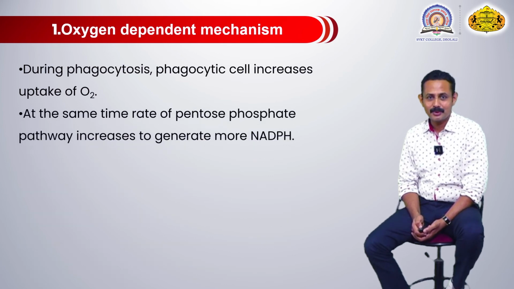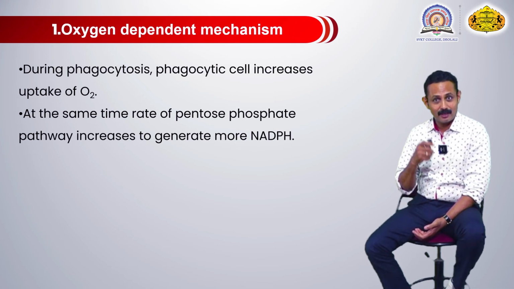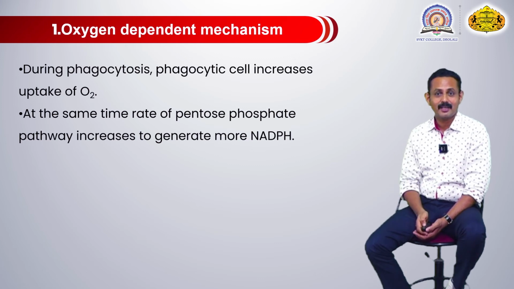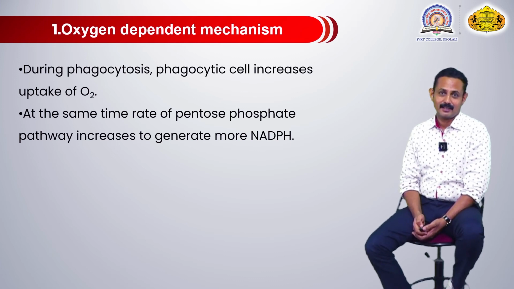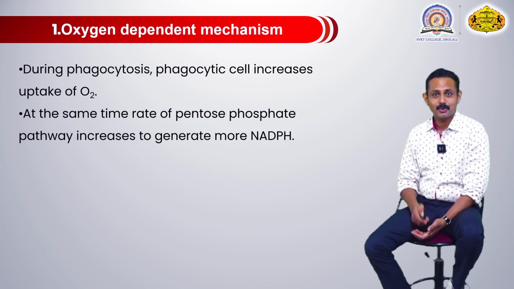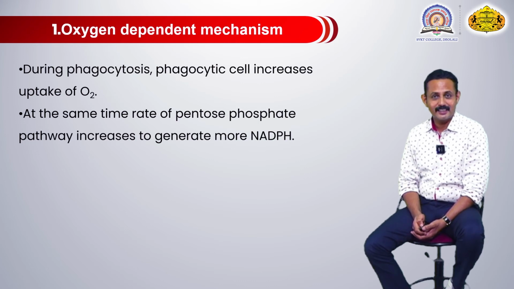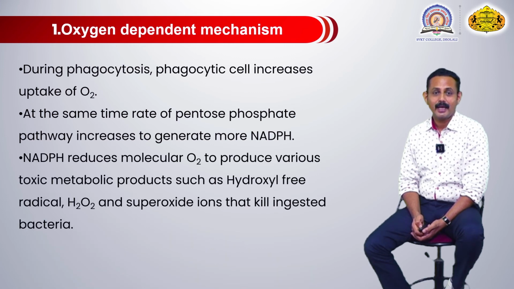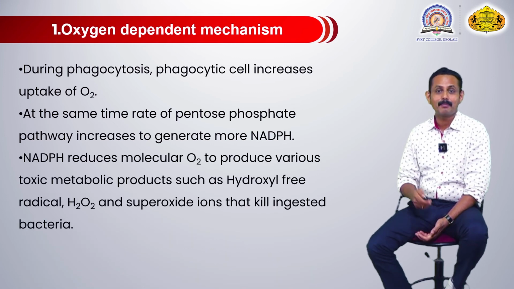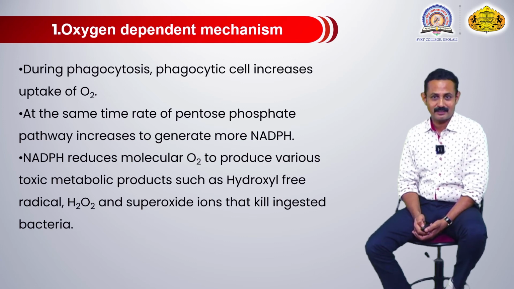When respiration increases, the pentose phosphate pathway, one of the glycolytic pathways going on in the cell cytoplasm, also speeds up rapidly, and from this pathway the intermediate NADPH is generated. This NADPH is helpful for the reduction of molecular oxygen. It reduces molecular oxygen and produces various toxic metabolic products.